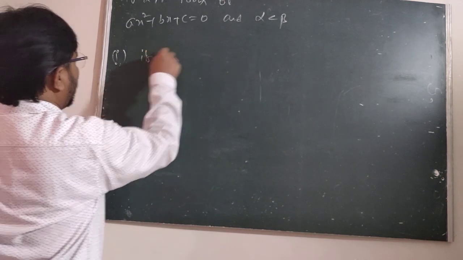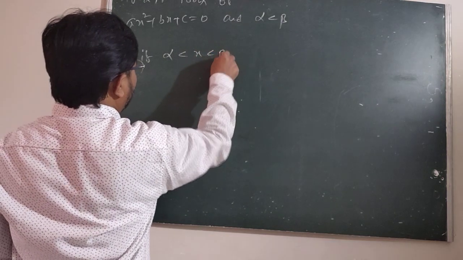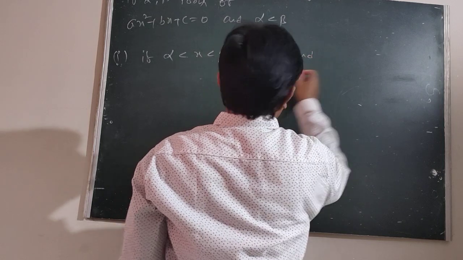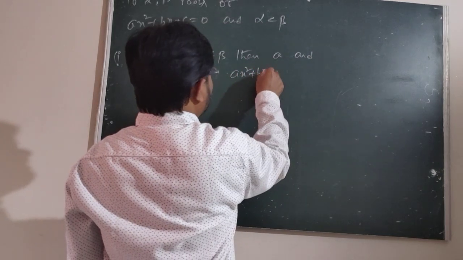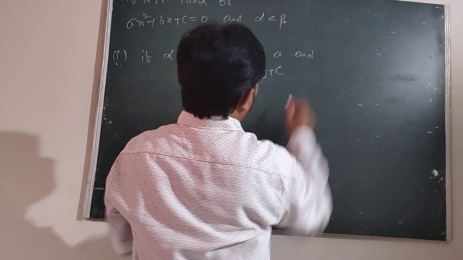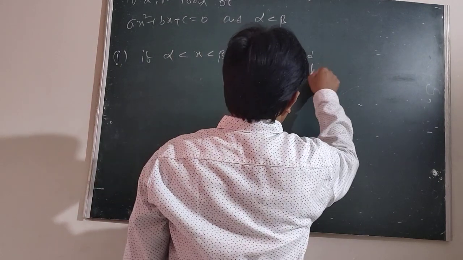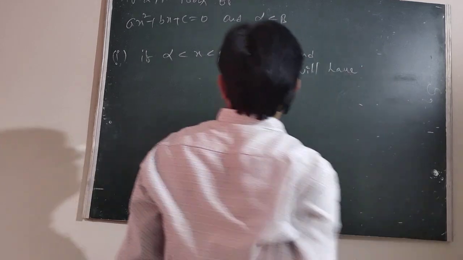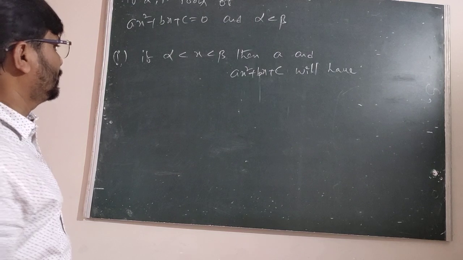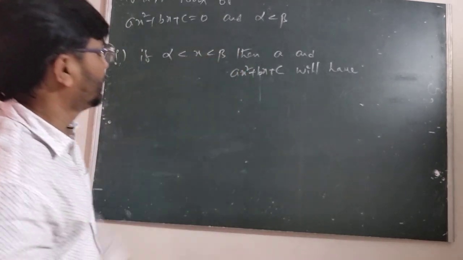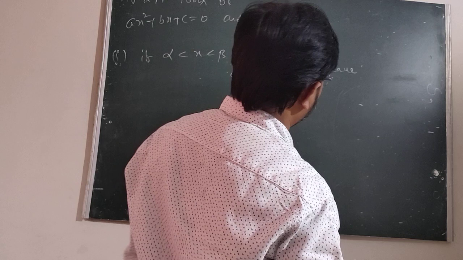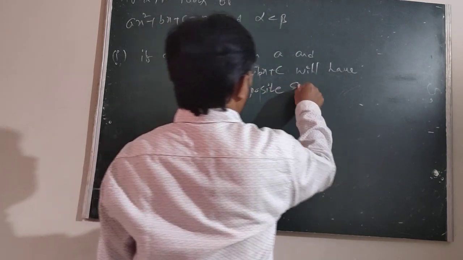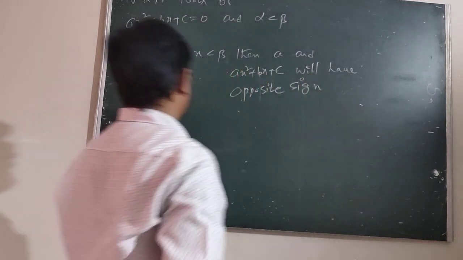Now the first one: if alpha less than x less than beta, then a and ax square plus bx plus c will have opposite sign.